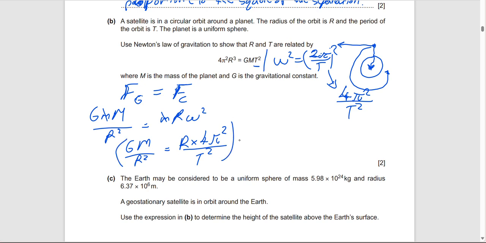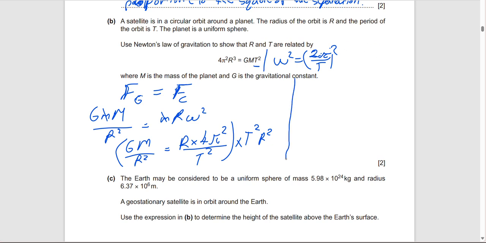Then we multiply by T squared and r squared, or take T to that side and r to that side. I'm just going to rub this out for more space. Just like that, we have GMT squared is equal to 4 pi squared r cubed, okay? And we've shown that, right?